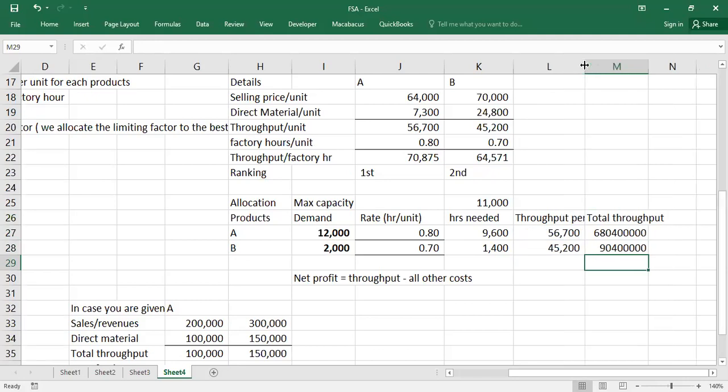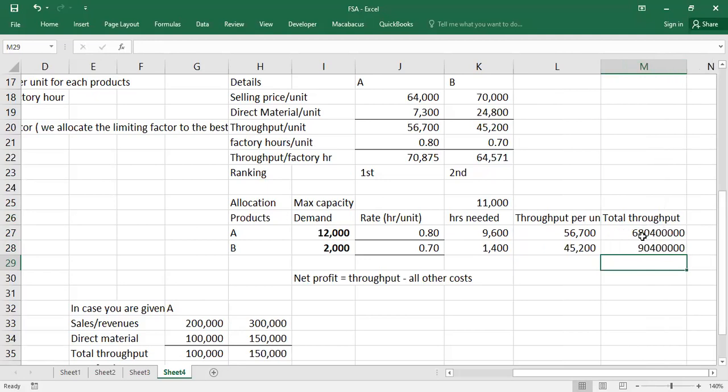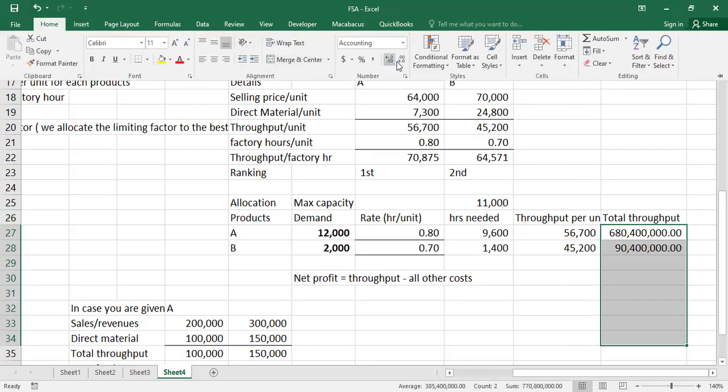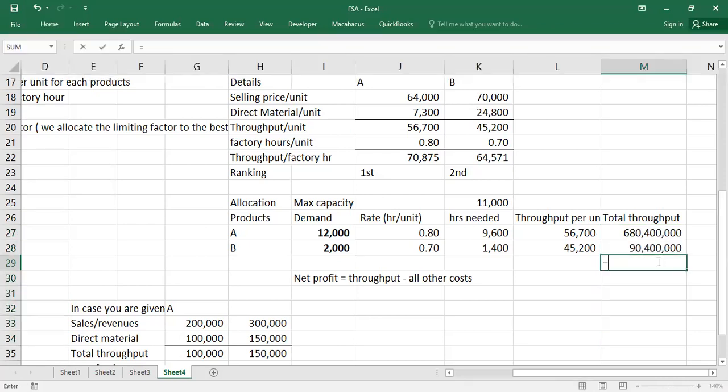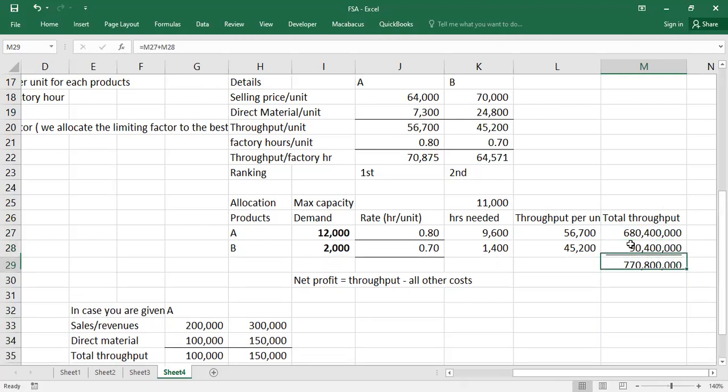So my total throughput so far, when you add the two, is given by this plus that. Now from this total throughput, like I said, you deduct all other costs.